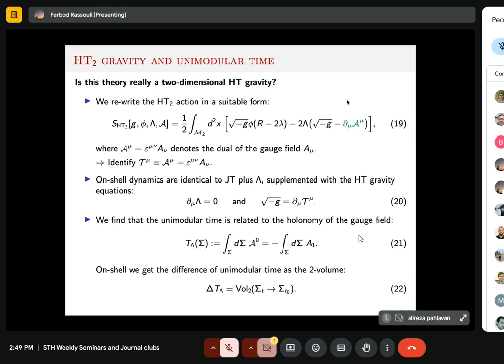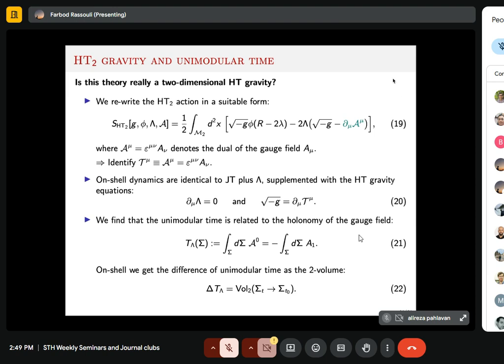Mm-hmm. Yeah, it's interesting. I must say I had not noticed this. Simply, people usually think that SL2R is a semi-simple algebra and does not admit any central extension. But okay, at the level of the action, you can still use this.